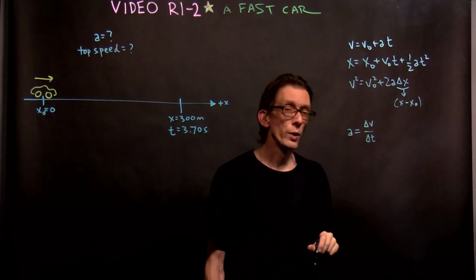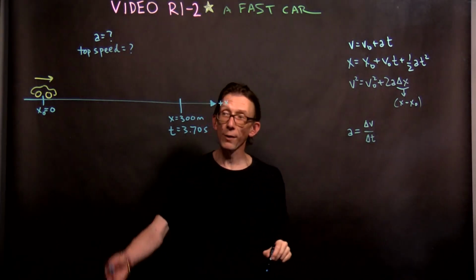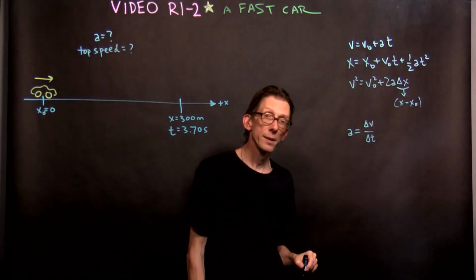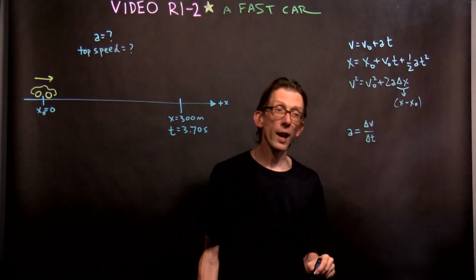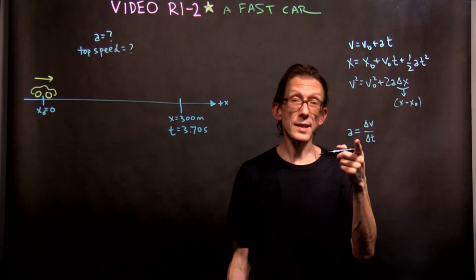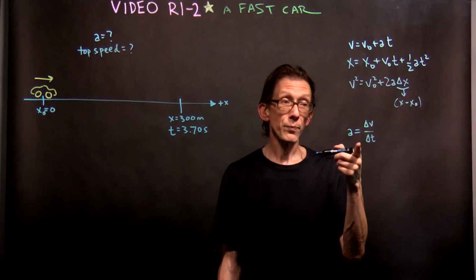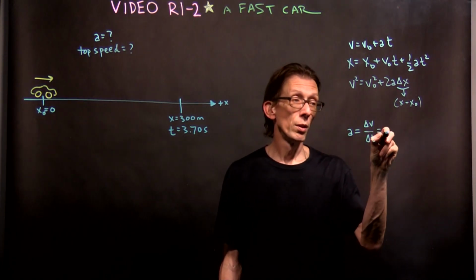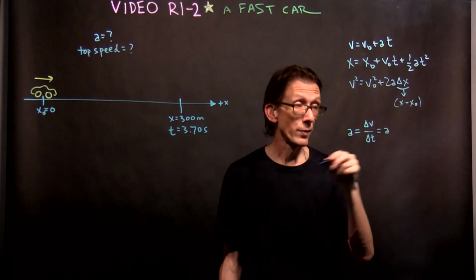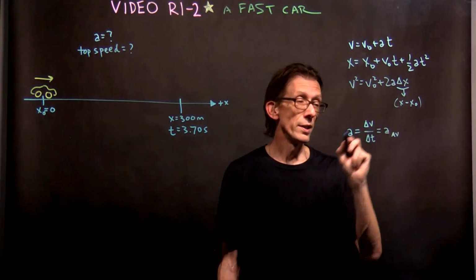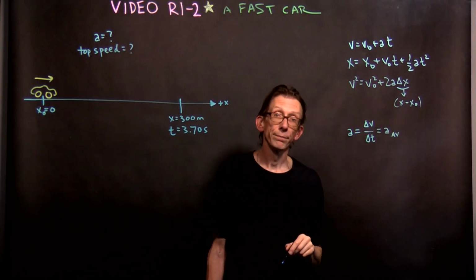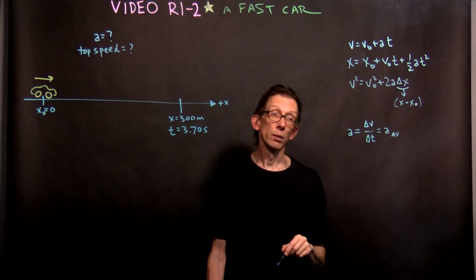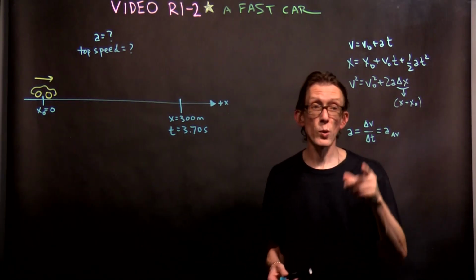But we don't know delta v. We know it starts at 0, we don't know what its final speed is. So you can't use that. Now that is equal to the acceleration, because, like I reminded you last video, the average and instantaneous accelerations are the same. But that doesn't work, because we don't know delta v.